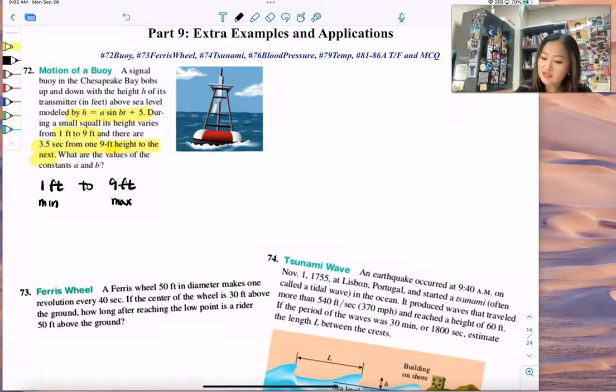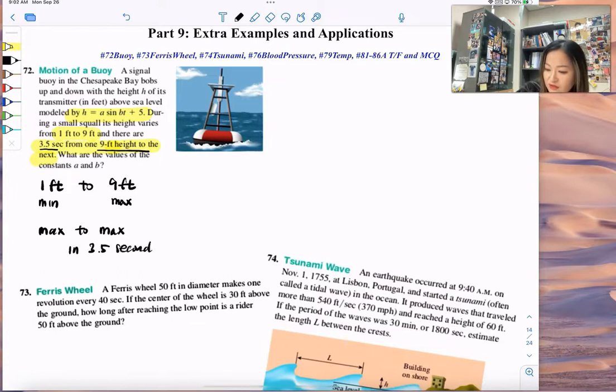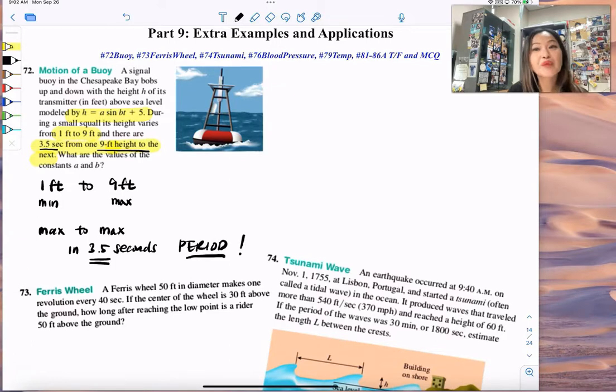And it also says 3.5 seconds from one 9-foot height to the next. So isn't 9 the max? So it goes from max to max. It's telling you something, right? It's going from max to max in 3.5 seconds. Oh, so what does that mean? So that's, oh, period! So these are the kind of questions I might ask you, okay?